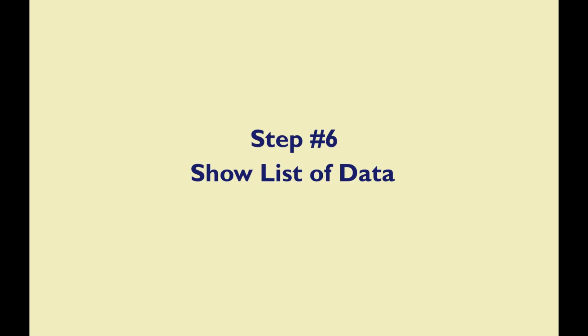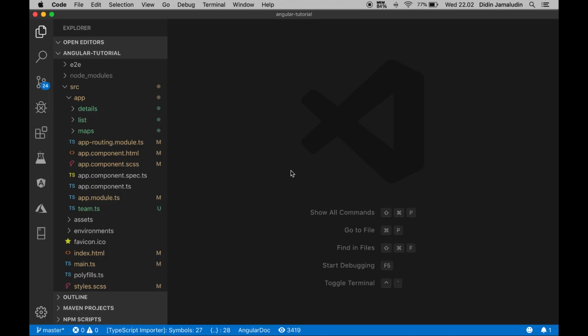Step number 6. Show list of data. We will show a list of themes data using Angular Material mat-grid-list and mat-grid-tile components.